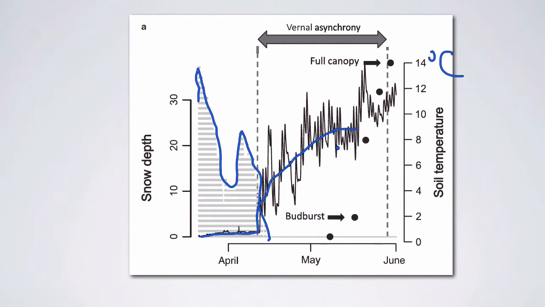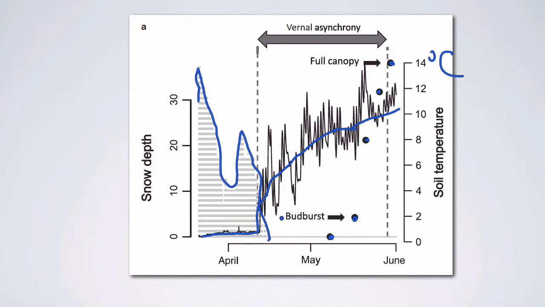It's still sunny, but the energy, instead of going into heating the soil, we have bud burst right here. And once you have bud burst, meaning leaves are produced, a lot more energy goes into evapotranspiration of water instead of heating the soil.